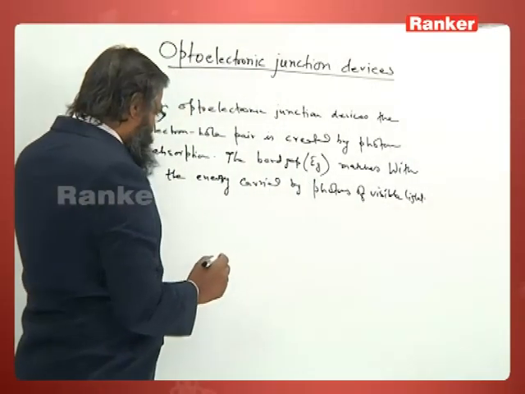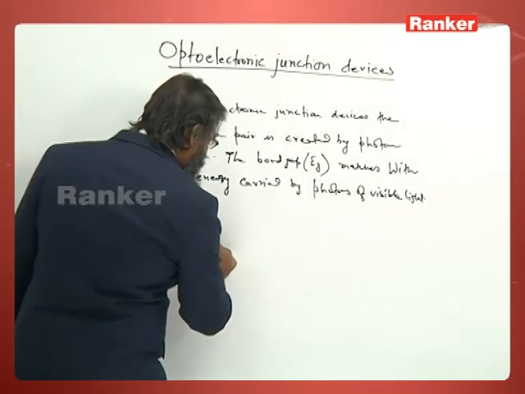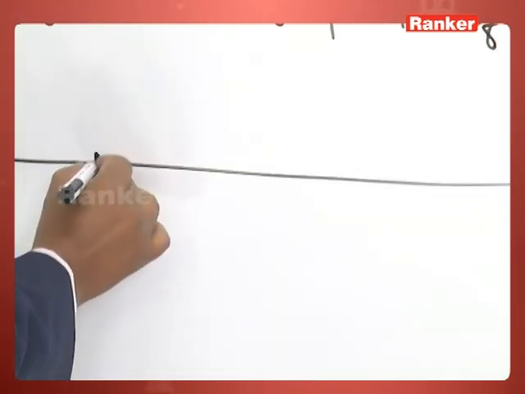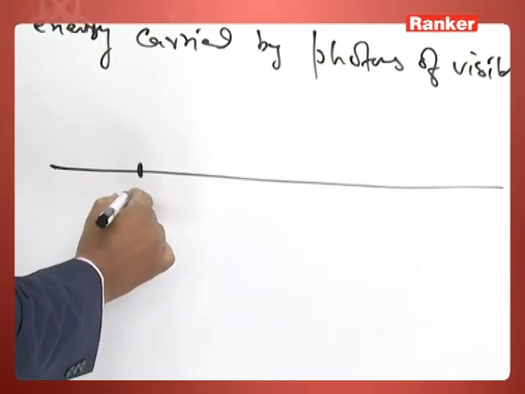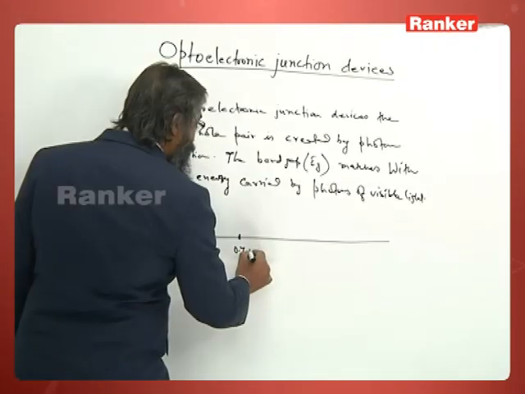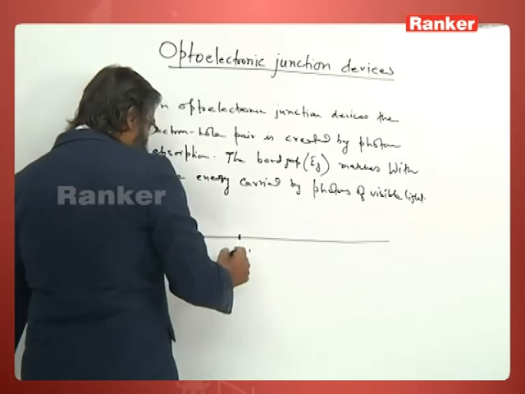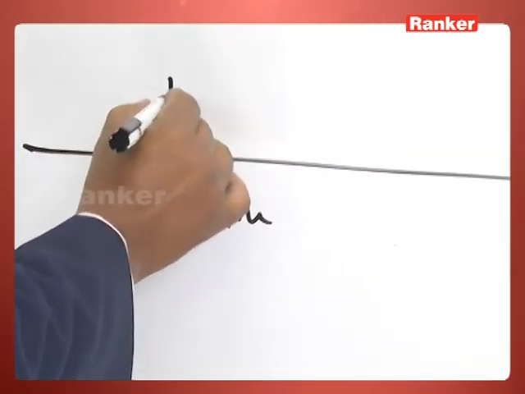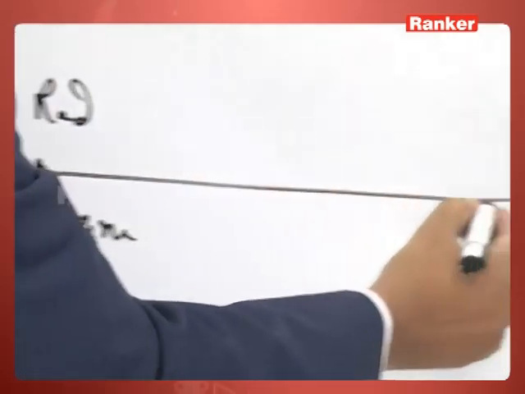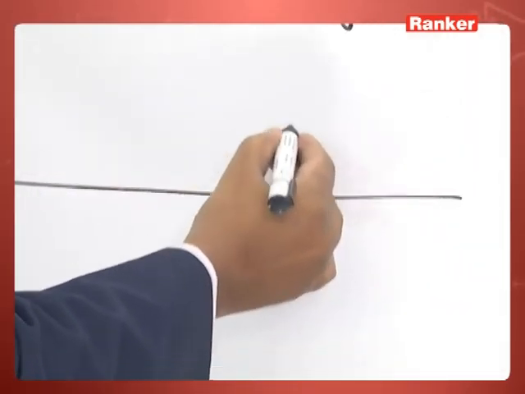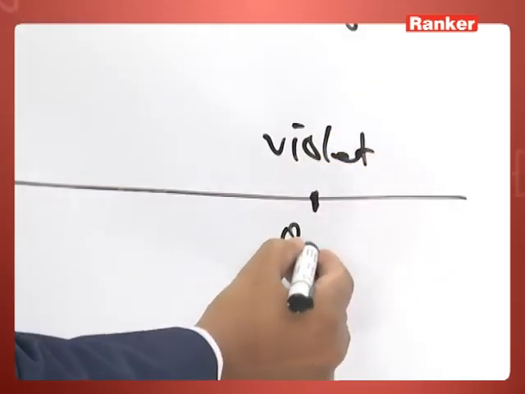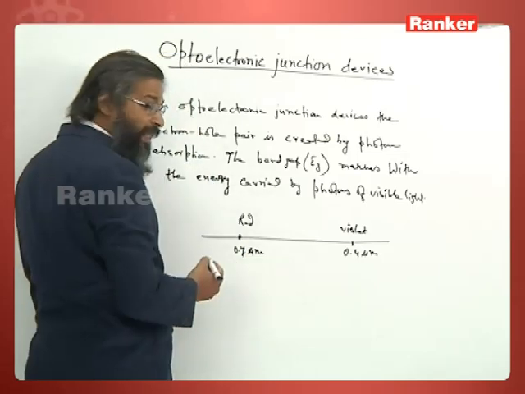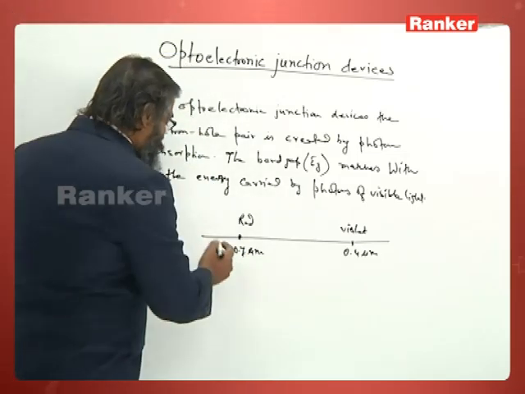So, you see light, suppose I say this is the visible portion of the light. Here we have 0.7 micrometer, the wavelength of red light, and here suppose I say violet, that is 0.4 micrometer, 4000 angstrom, and 7000 angstrom for red.